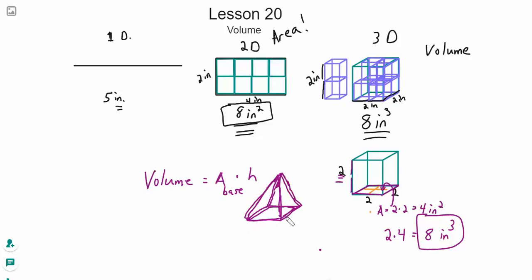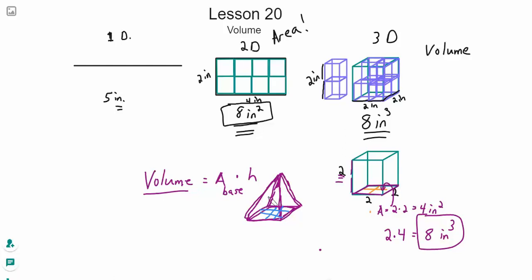And if you think of that, would we be able to use this formula for finding the volume? You might say, well, we could find the area of this base, right? Find what's the area of this base, how many cubes could fit down there. But do you see how the number of cubes that would fit in each layer is going to decrease as we go up this tent, this pyramid?